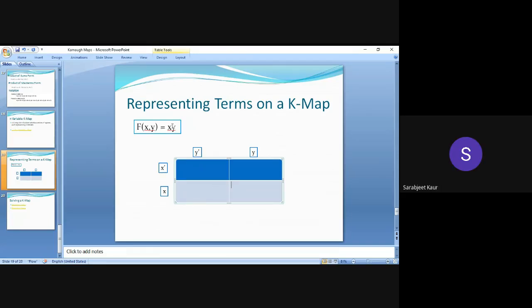Now what do I have to represent? I have to represent xy. So how will I represent it?